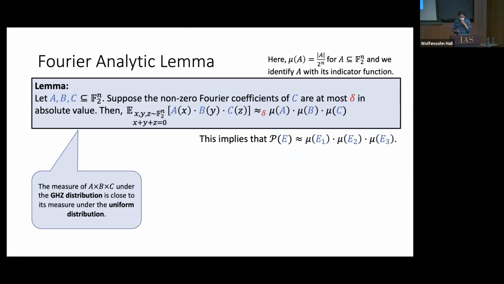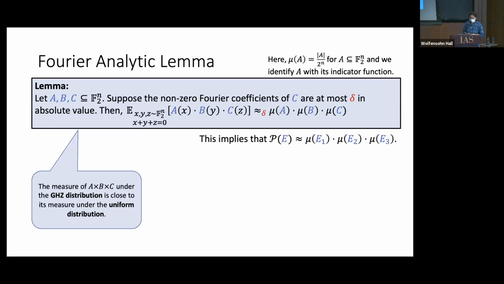Here is the main lemma. Let A, B, C be subsets of F2 to the n. Suppose the non-zero Fourier coefficients of C are all small. Then the measure of A times B times C under the GHZ distribution is close to the measure of A times B times C under the uniform distribution.